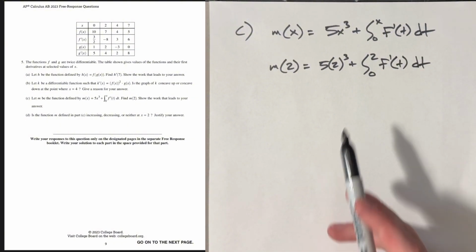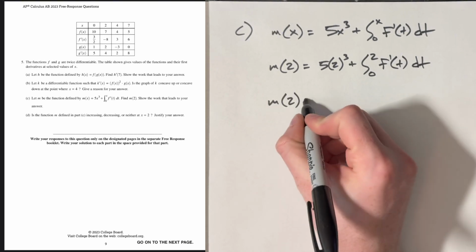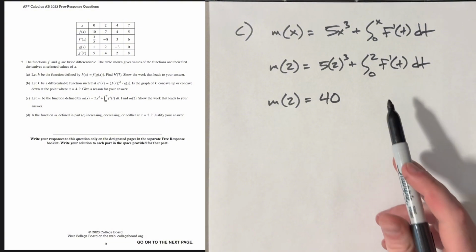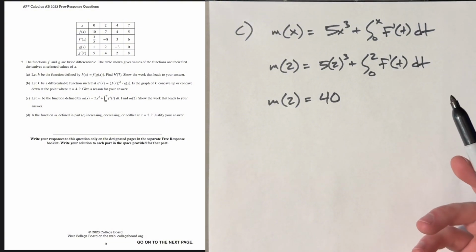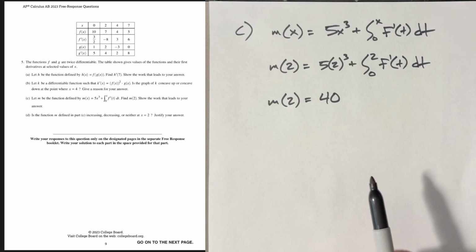dt. Now, this first part, that will obviously just evaluate out to 5 times 8, which is 40. Now, the second part, a little bit trickier. We have to use our first fundamental theorem of calculus.